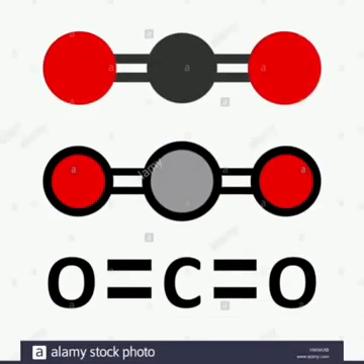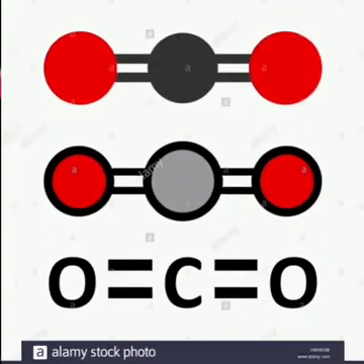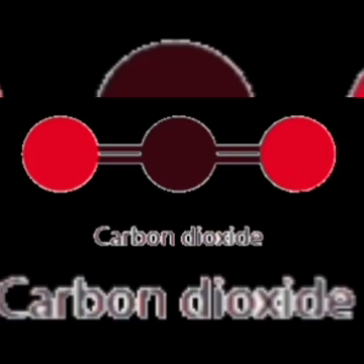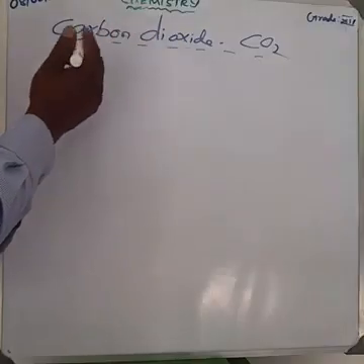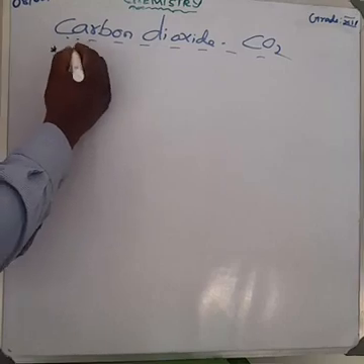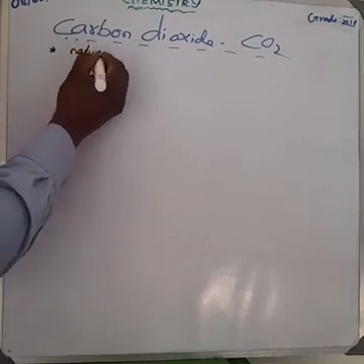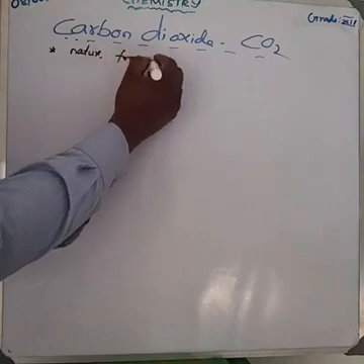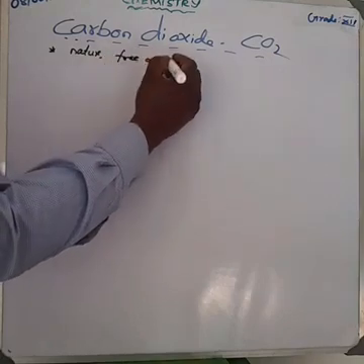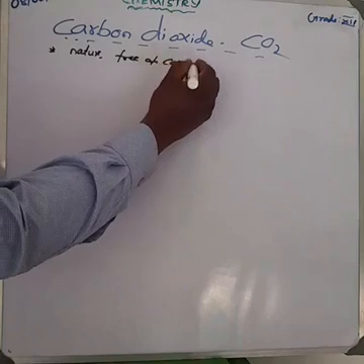Carbon dioxide. We know that the formula of carbon dioxide is CO2. Please all of you take the note. One by one we can discuss. Carbon dioxide occurs in nature in the free state as well as in the combined state.